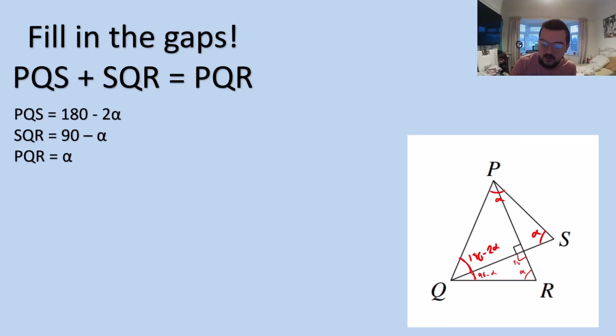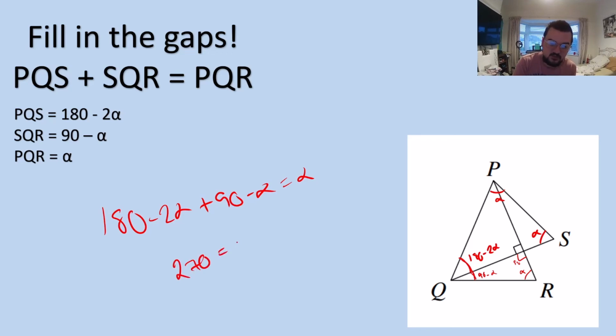We said that because it's the opposite angle of the isosceles. So we just plug in the numbers. 180 minus 2 alpha plus 90 minus alpha equals alpha. And now we just have to tidy up. 270 equals 4 alpha. What are we looking for? We're looking for 2 alpha. So we've just halved both sides. 135 equals 2 alpha. That's what we're looking for.